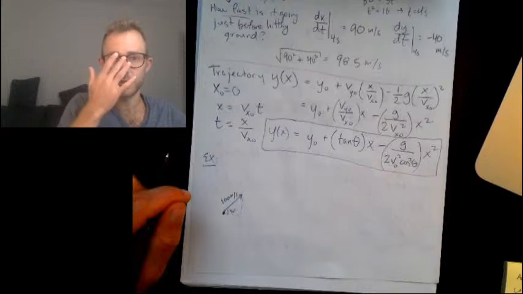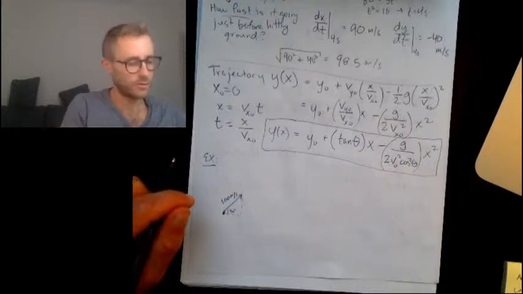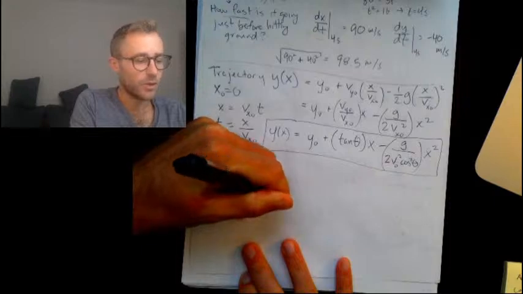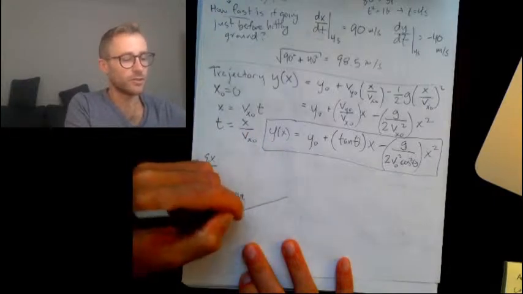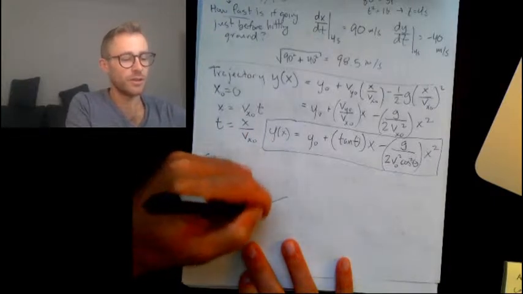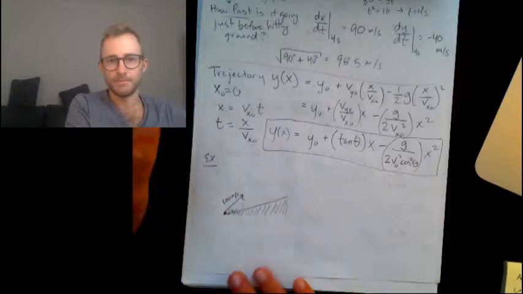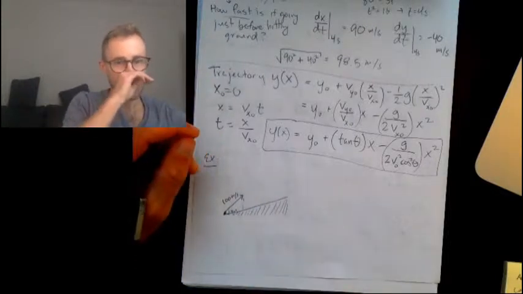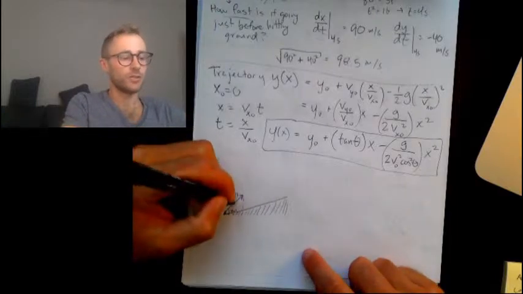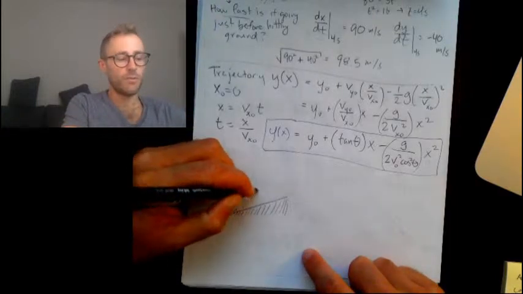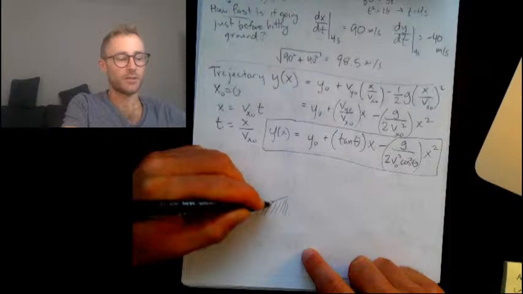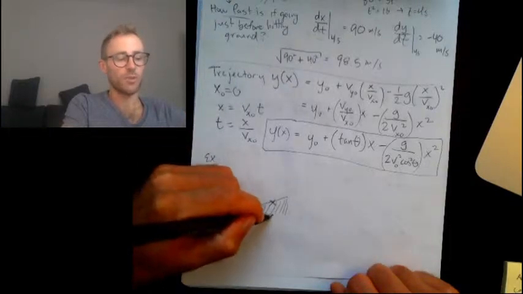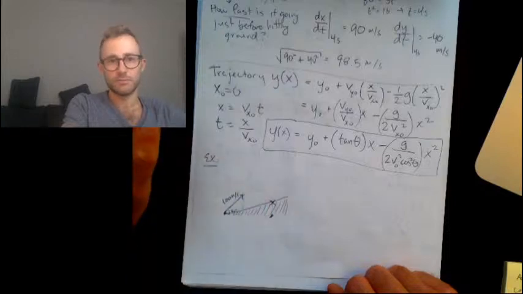We're going to have it launched across a sloped surface. So here is the surface. It's launched basically up a hill, or you could have it launched down a hill. The projectile is going to go like that, and it's going to land right there. And I want to know, what is the x-coordinate of where it lands?